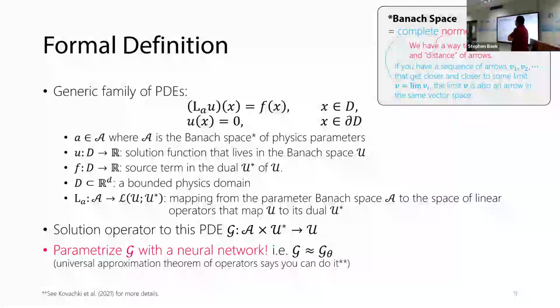Well, to be precise, we have three different Banach spaces: A, U star, and U. They look all the same, so you can treat them as the same thing.